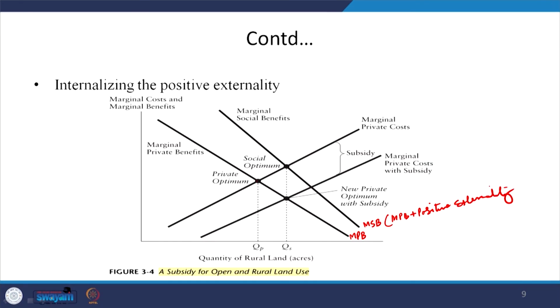So, due to the positive externality, the equilibrium shifts to this point, which is called the socially optimum point. But when a subsidy is included, the supply curve will shift again. As we know, when a subsidy is given to any factor of production or to any producer, the subsidy encourages production, while a tax discourages production.